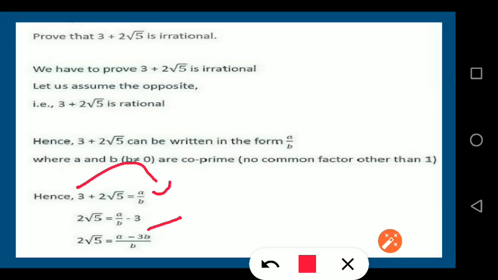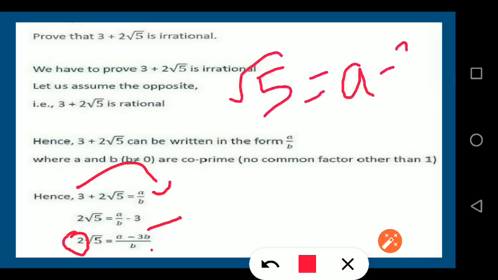After that, we can write it as a minus 3b by b. Next step is to shift 2 also from the left side to the right. So we get root 5 is equal to a minus 3b by 2b.